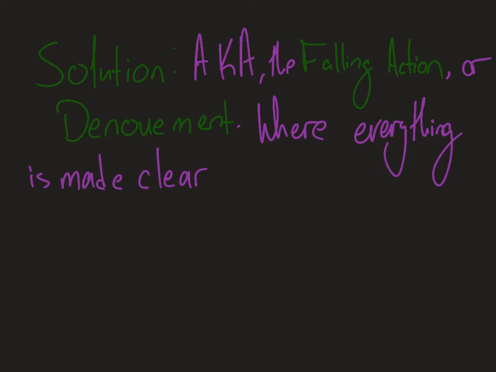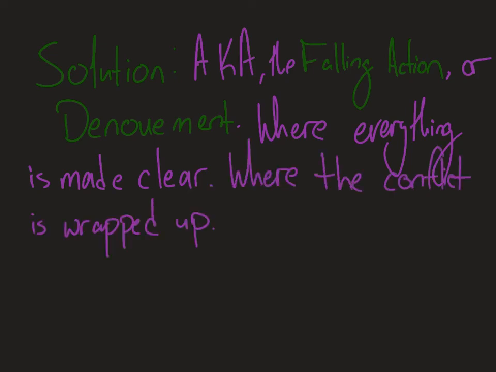For other stories, it's where they reveal their motive for the whole conflict. If we return to our quilting metaphor, it's where loose ends are tied up. And you can look back and see your whole quilt, your whole piece, and be like, oh, that's delightful.